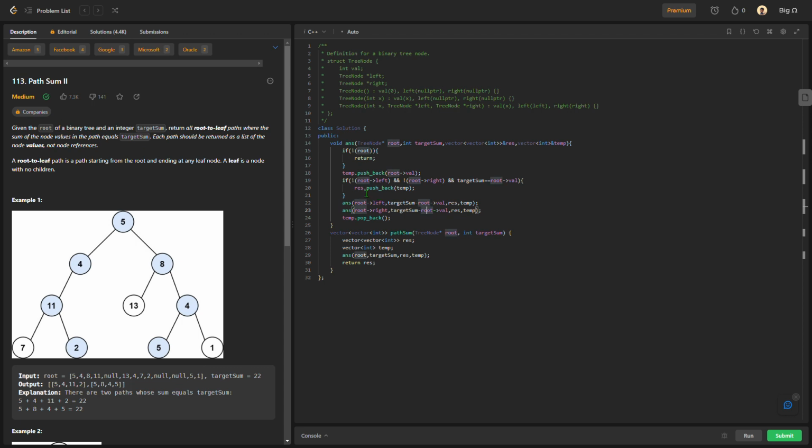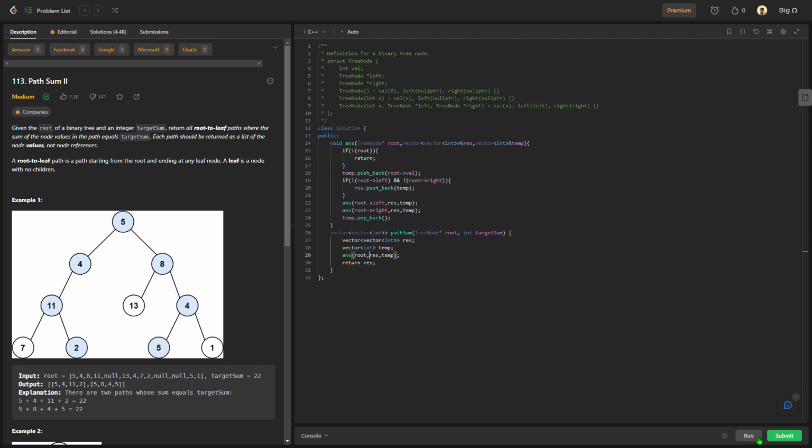If I just remove these conditions, and also remove this target sum from my function, then I'll be getting all of my paths from root up till leaf in my answer.